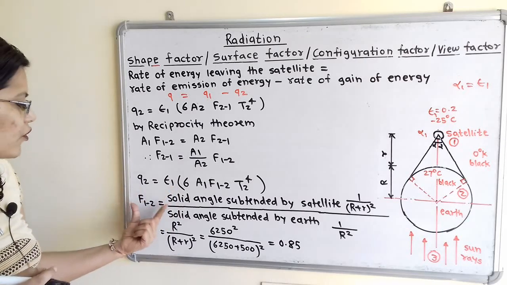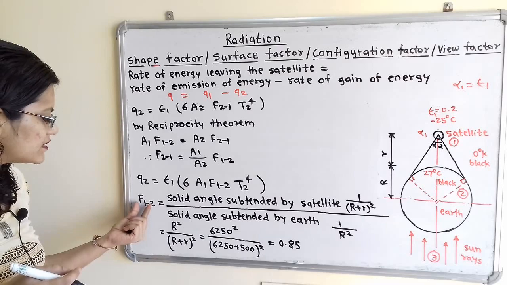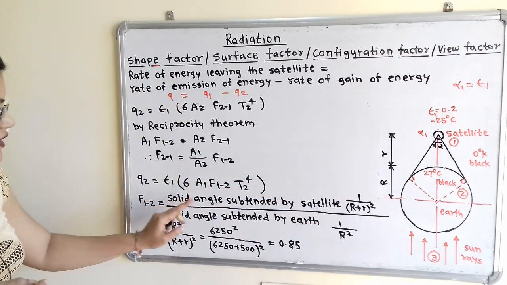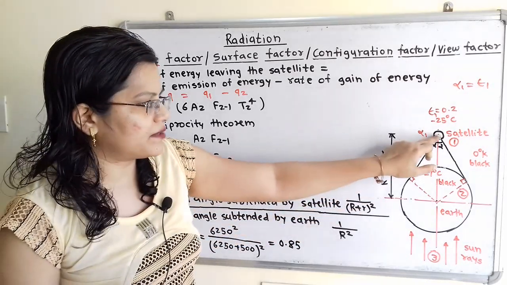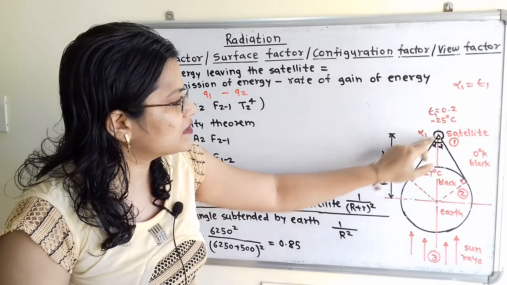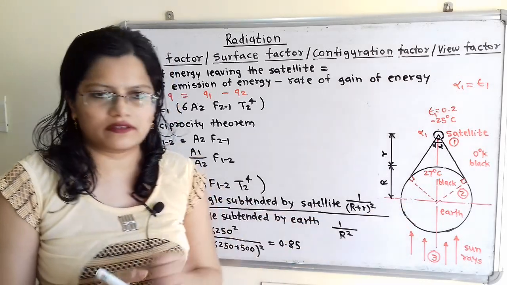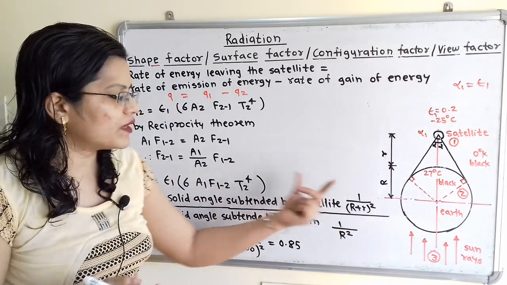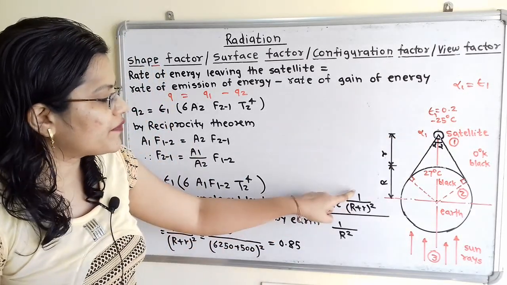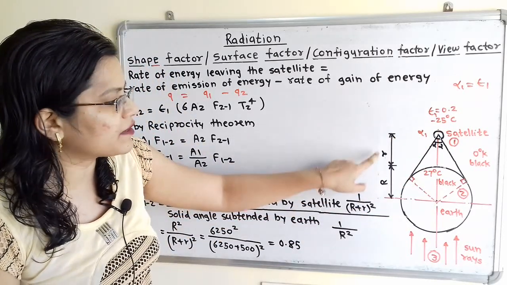Now here is the formula to calculate the shape factor. So how to calculate the shape factor between the satellite and earth? That is solid angle subtended by satellite, because the radiations are emitted from the satellite, divided by solid angle subtended by earth. Now we have one formula. So how to calculate solid angle subtended by satellite? We will use here the total distance from the center of earth to the satellite, which is R plus r.